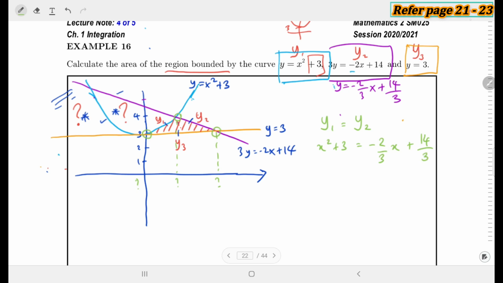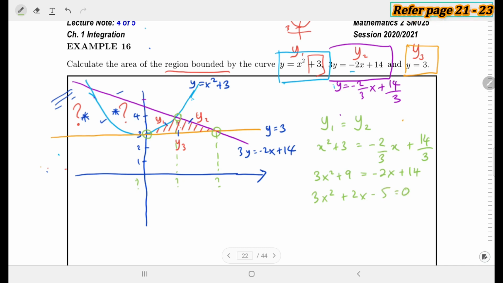So now we are going to solve them. 3x squared plus 9 equals negative 2x plus 14. That results in the quadratic equation 3x squared plus 2x minus 5 equals 0.